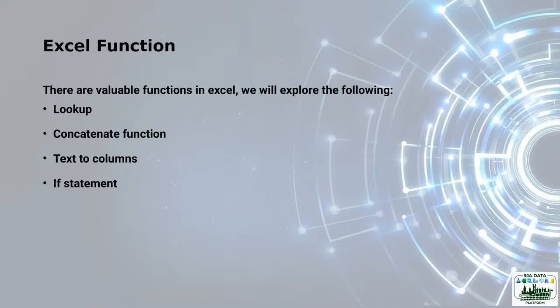There are several functions in Excel. Excel is actually very robust. So what we're going to be looking at are these functions. We have the lookup function, the concatenate function, the text to column, and the if statement.